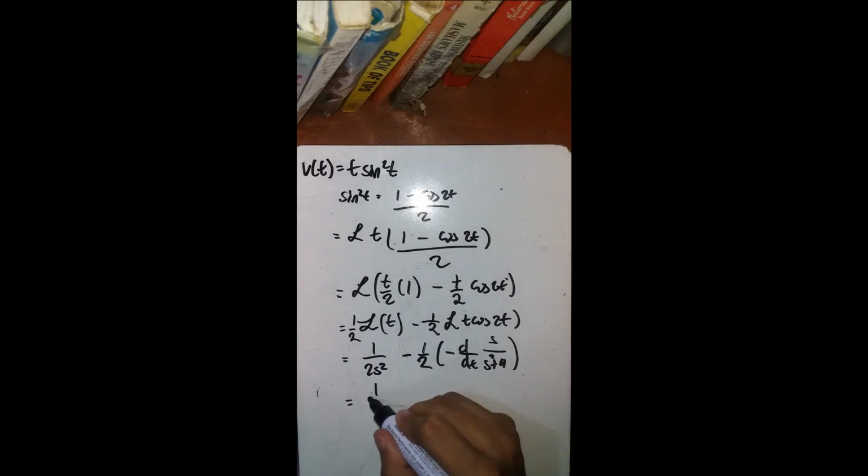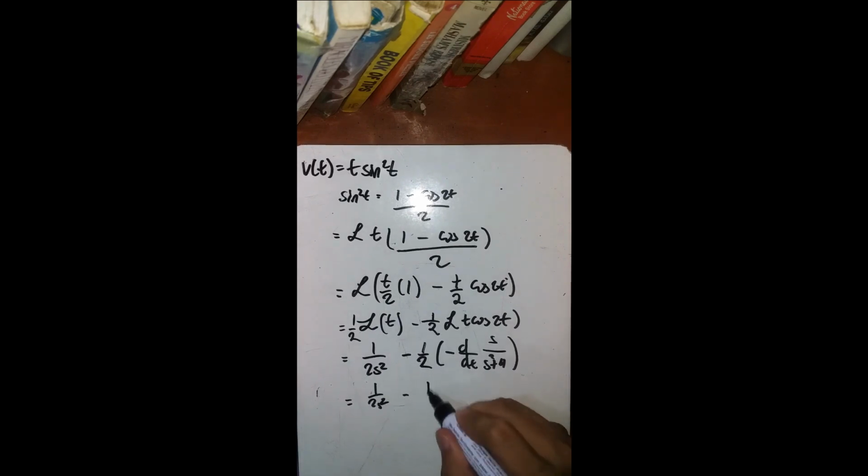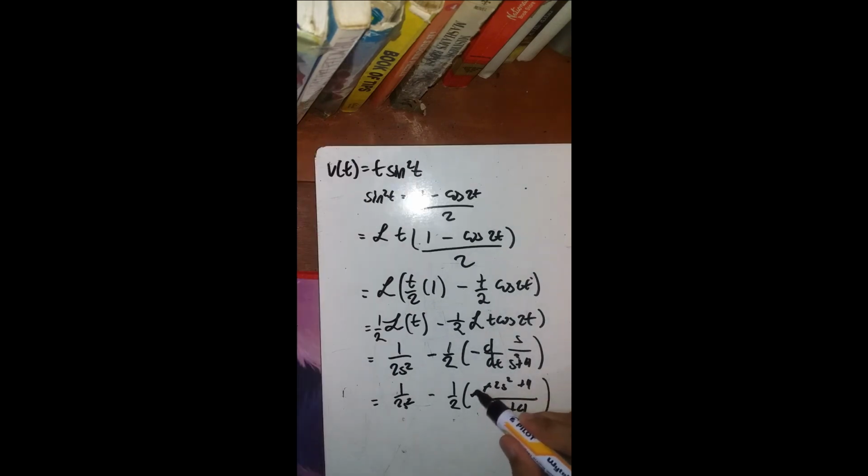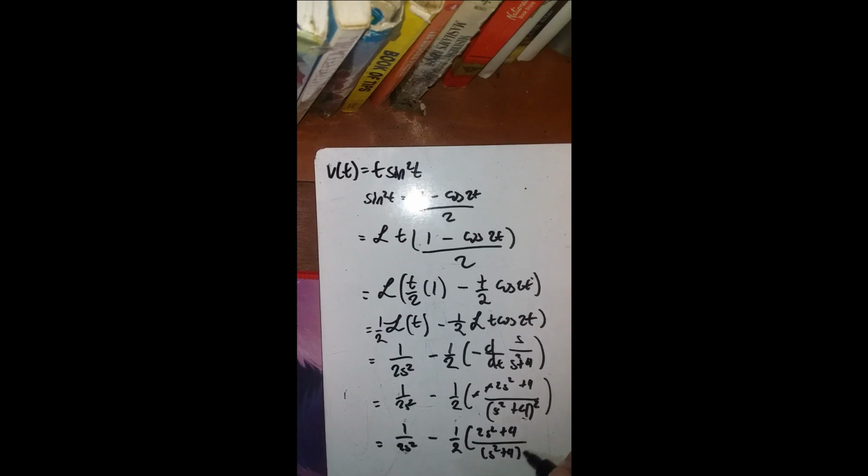So this will be 1 over 2s squared minus 1/2 minus negative (2s squared plus 4) all over (s squared plus 4). Okay, from here we can cancel out the negatives. Oh, forgot this will be raised to 2. Okay, so the final answer here is 1 over 2s squared minus 1/2 of (2s squared plus 4) all over (s squared plus 4) raised to 2.